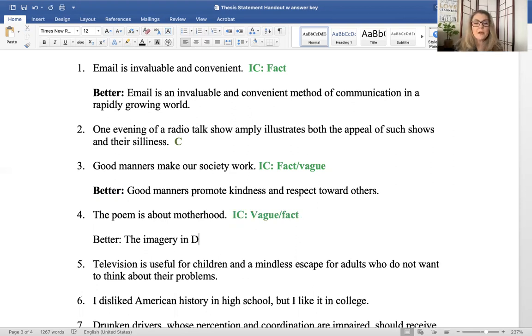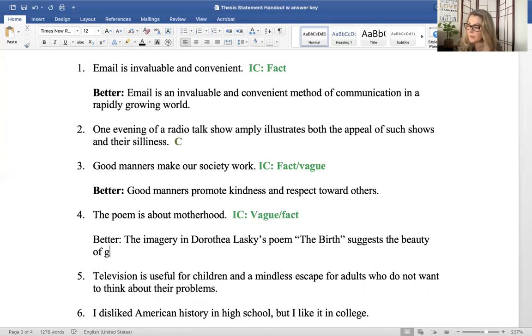So the imagery in Dorothea Lasky's poem, The Birth, suggests the beauty of giving birth overshadows the pain. Okay, so let me read this again. The imagery in Dorothea Lasky's poem, The Birth, suggests the beauty of giving birth overshadows pain.